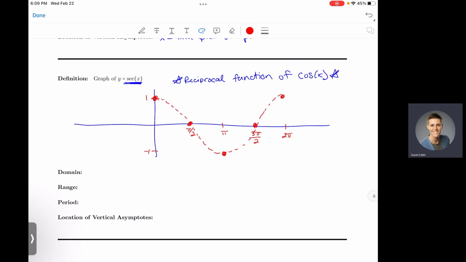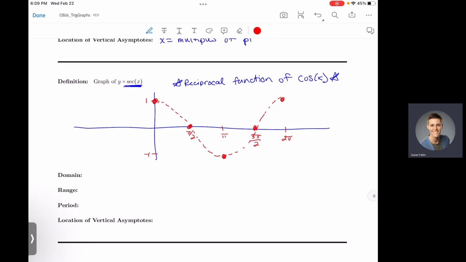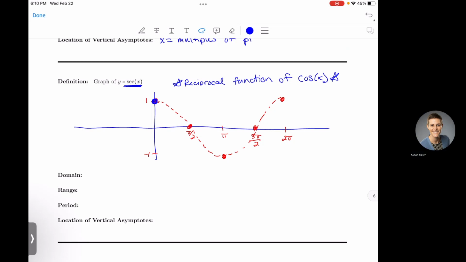So now let's use that to help us graph the secant function, which is the reciprocal of this. Okay, so when x equals 0, the cosine of 0 is 1, which means that the secant of 0 is the reciprocal of that, which is still 1. Okay, at pi over 2, the cosine of pi over 2 is 0. That's 0 over 1, which means the secant of pi over 2 is the reciprocal of that.